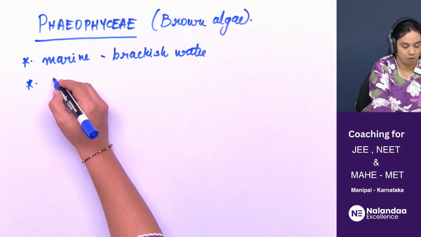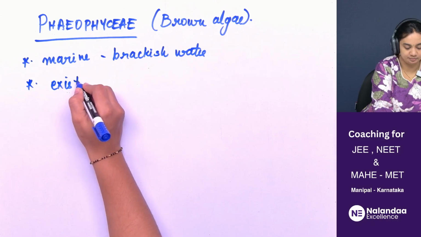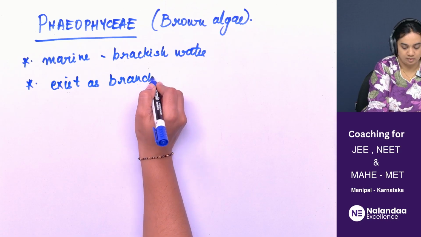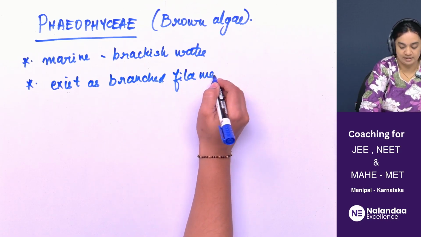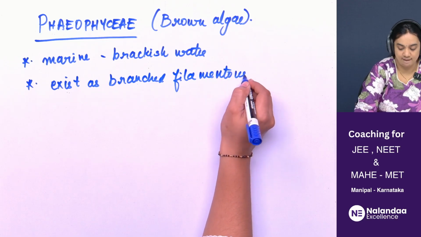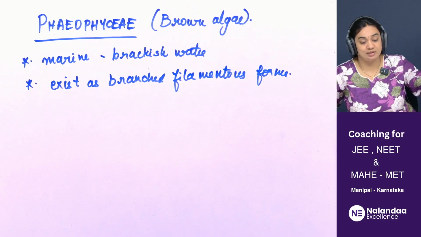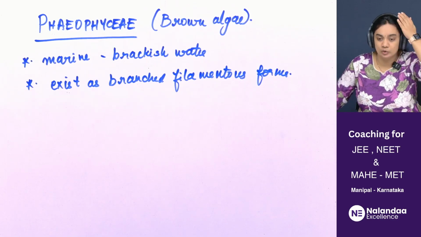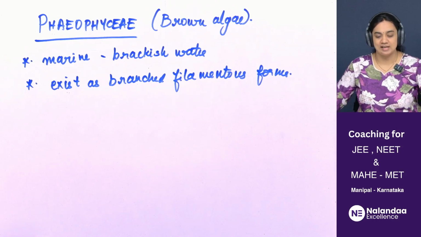And we see that they only exist as branched filamentous forms. This is one major difference. In case of Chlorophyceae, we saw unicellular and colonial forms, motile and non-motile, whereas in this case none of that is found.